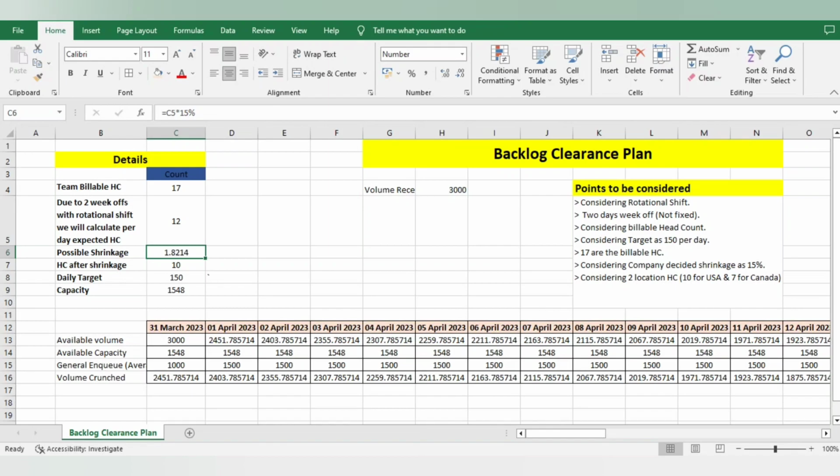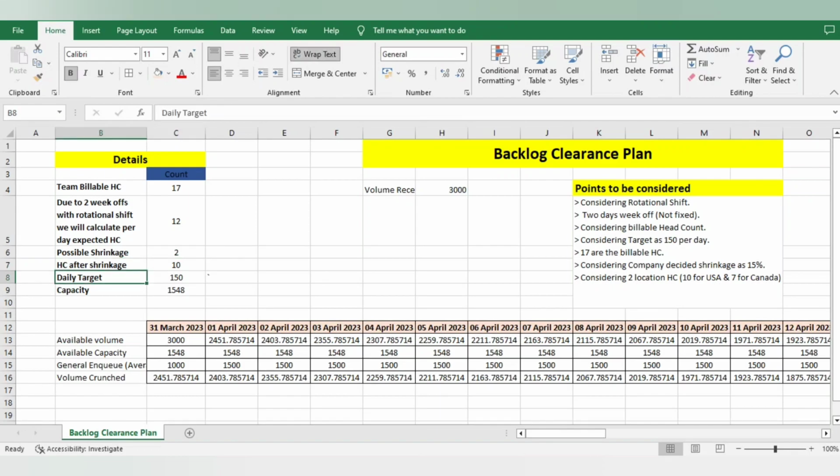I'm just removing the decimals after the dot. You can go to the Home tab and you will find the option of removing the decimals. You will get the rounded off number as 2, which means after doing the 5 by 7, considering how many minimum employees can be rostered, and after removing the shrinkage, 12 minus 2, I got the headcount as 10.